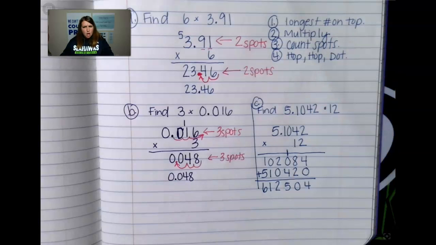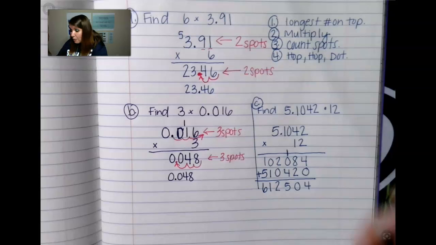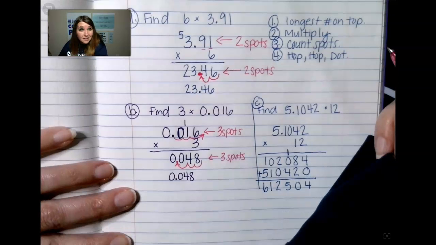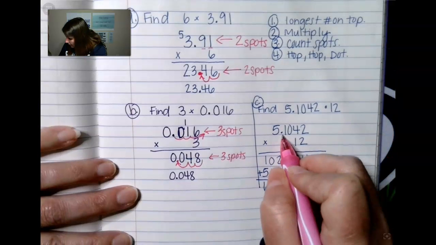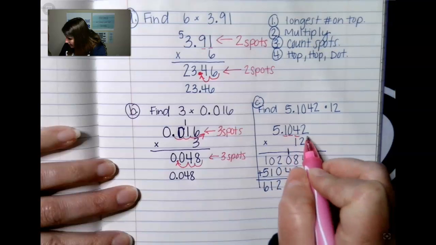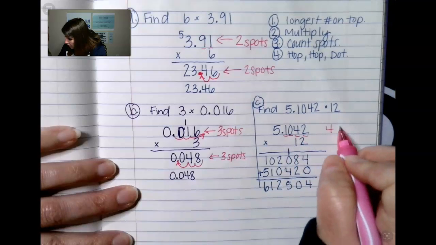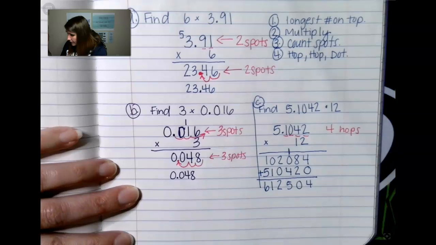Okay, we have multiplied. Woo, that was a long problem. Way to stick with it. Now we have to count our spots. We need to know how many dots we have to count. So we've got 1, 2, 3, and 4. So we have 4 hops. Are you ready?